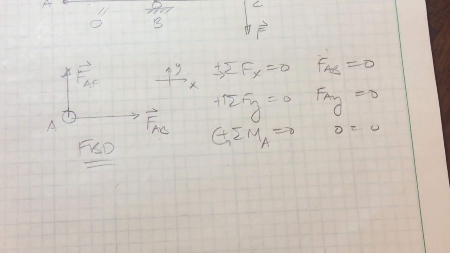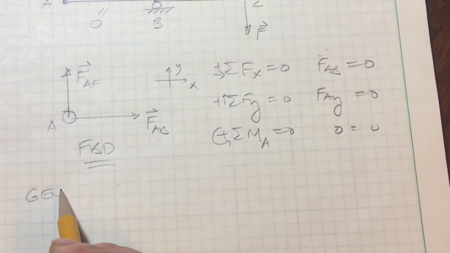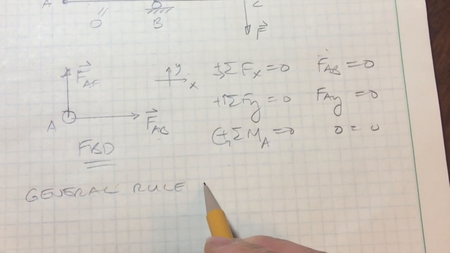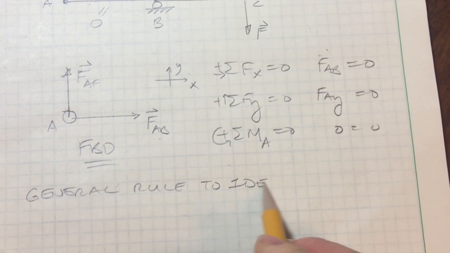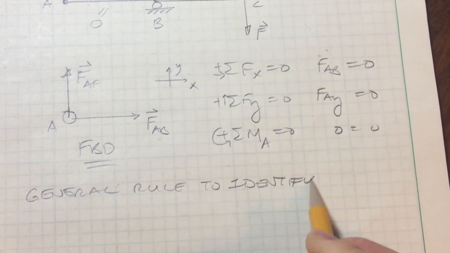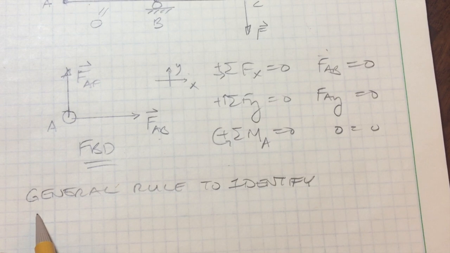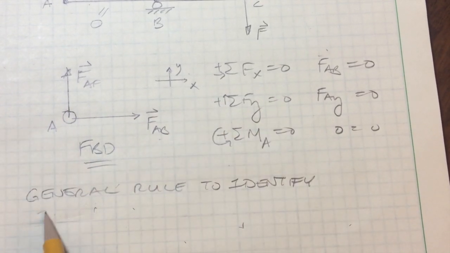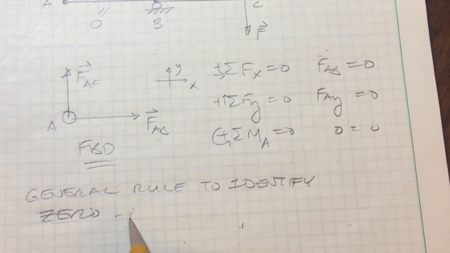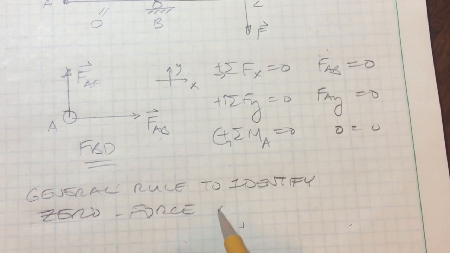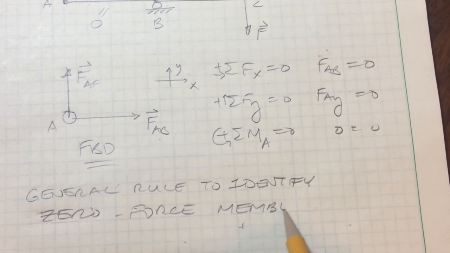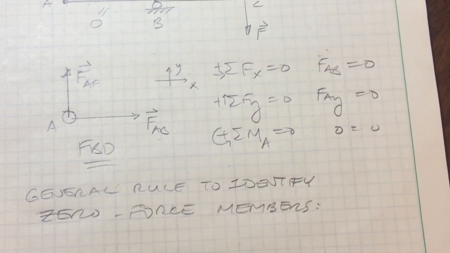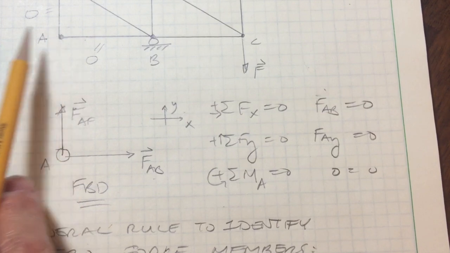So here's a general rule that you can use, and you should memorize this. General rule to identify zero force members. And this rule only works if you have two members that are connected.